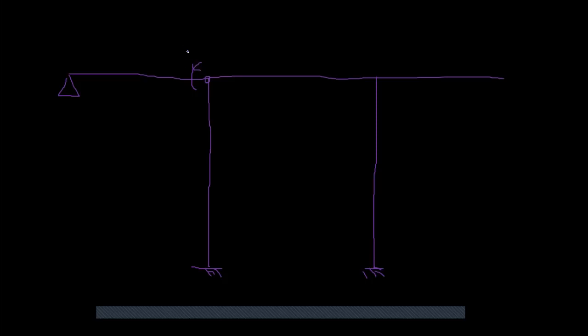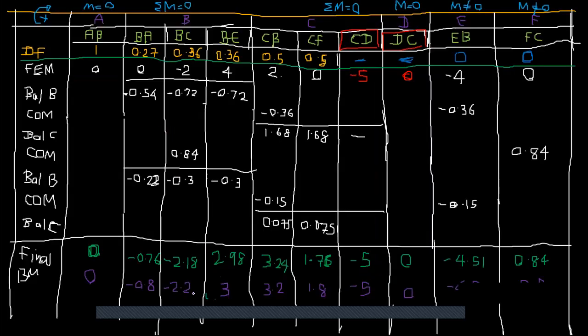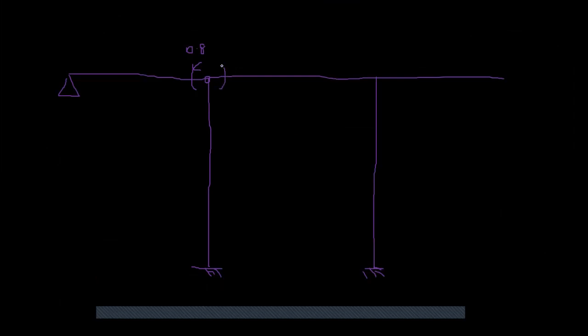So if I mark anti-clockwise, that means I don't need to put the sign again. So here BC minus 2.2, so that means this is totally anti-clockwise.